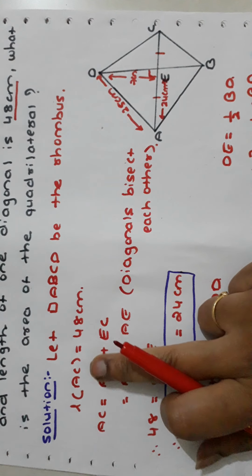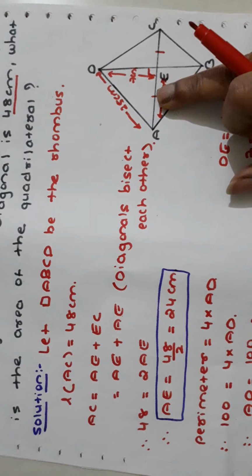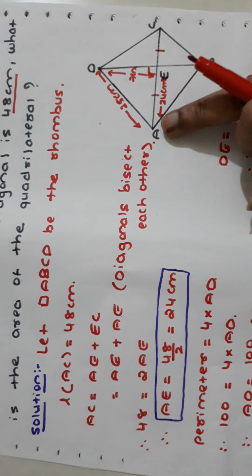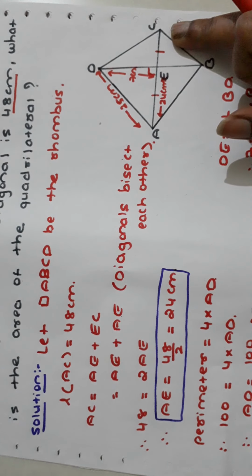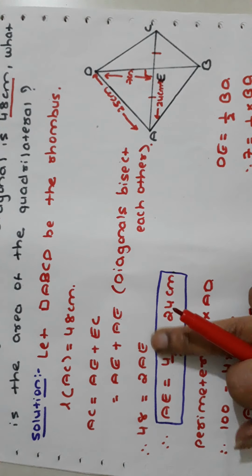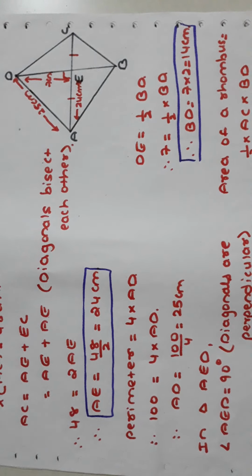One diagonal is given and we know that diagonals bisect each other. So AC is equal to AE plus EC. But since AE is same as EC, the reason is diagonals bisect each other, this gives us 2 times AE. So AE is equal to 48 by 2, or we can say it is half of AC. Substitute the value of AC. So we get AE as 24.